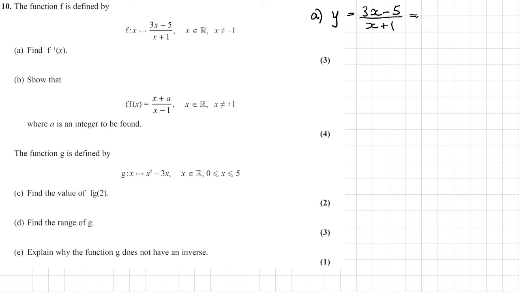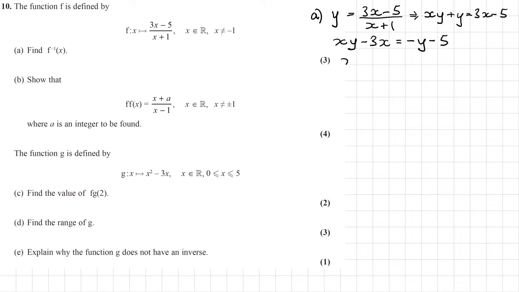So we'll times both sides by x plus 1, so we'll have xy plus y is equal to 3x minus 5. We need to get all the x terms on one side. So we've got xy minus 3x is equal to, and we'll have minus y minus 5.